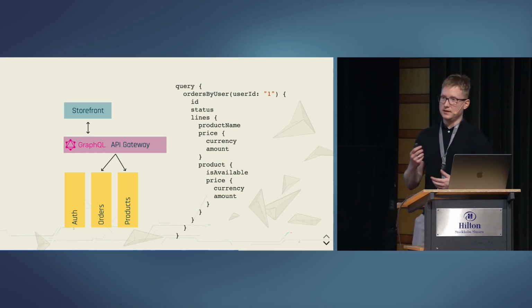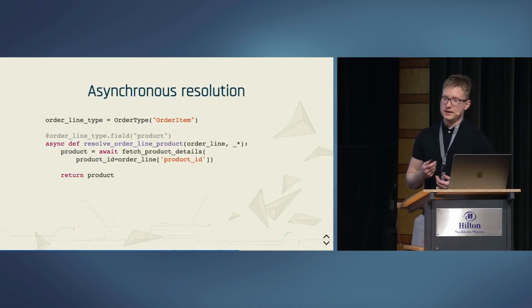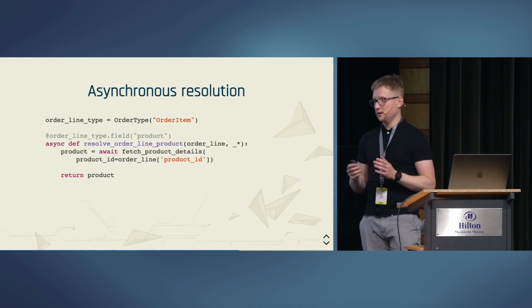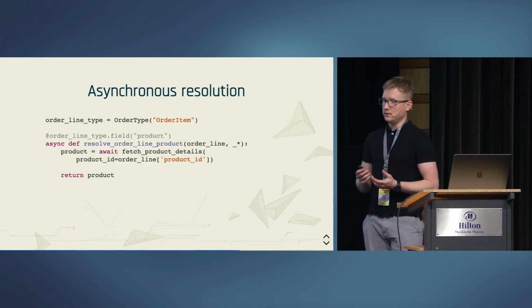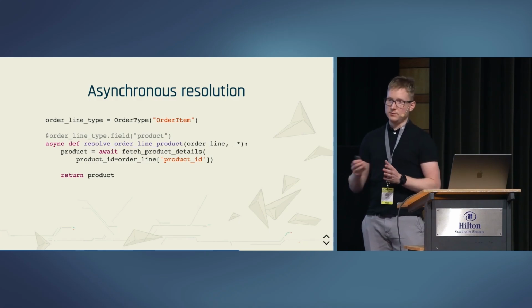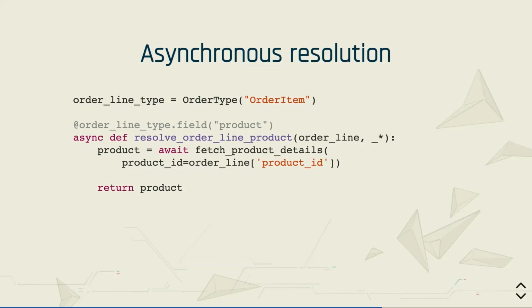So how is it done under the hood? Under the hood, there is asynchronous field resolution. When you send that GraphQL-formatted query to your backend, it will match the resolvers, so the Python functions, from your query, and it will execute them asynchronously.